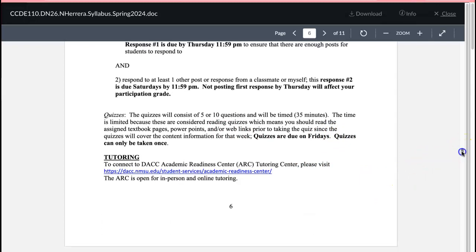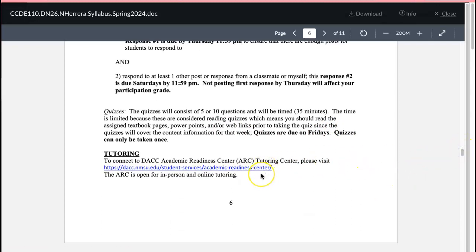We also have tutoring available that is free, and we have in-person and online tutoring. So if you are interested in tutoring, please make sure that you go to this website, and if you want to be part of the online tutoring, they do have to add you to a Canvas course, so make sure that you contact the coordinator so that they can add you.